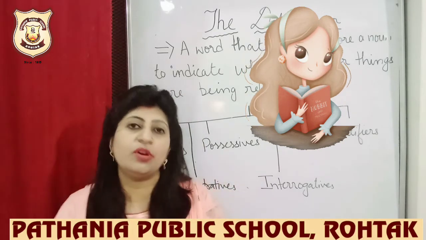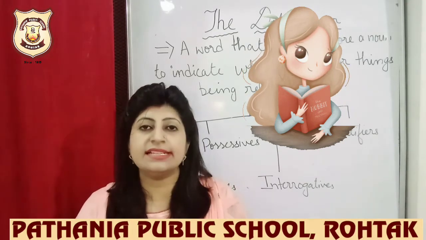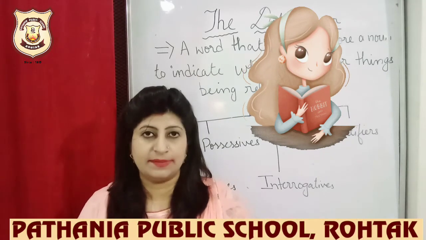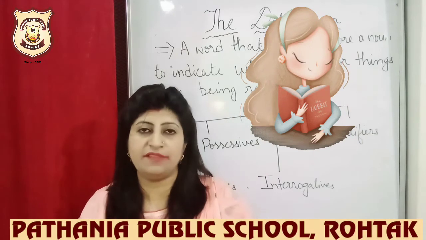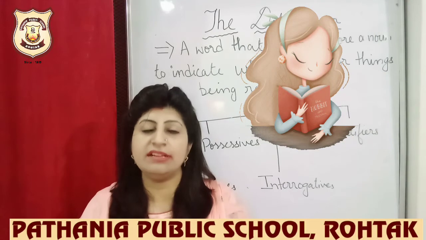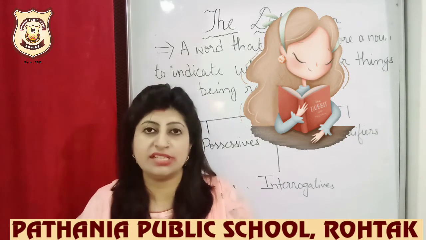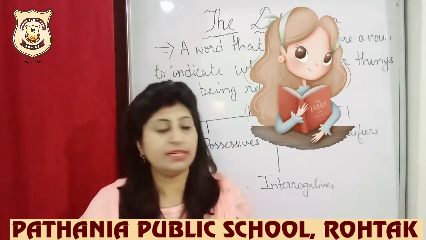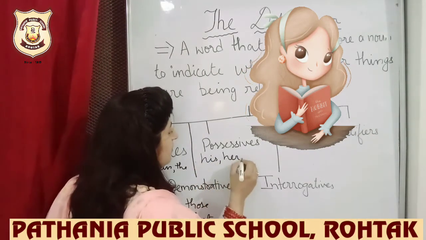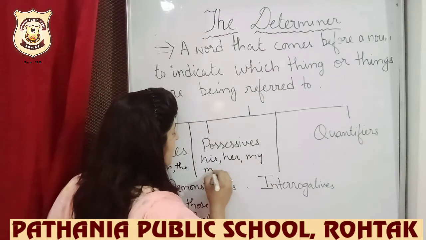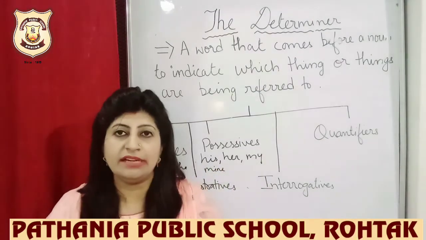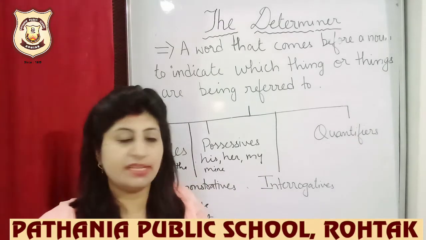If the book belongs to a girl and I say this is her book, her becomes an example of a possessive determiner, showing the possession of the book by a girl. So your possessives could be his, her, my, mine, etc. These kinds of words come under the heading of possessive determiners.